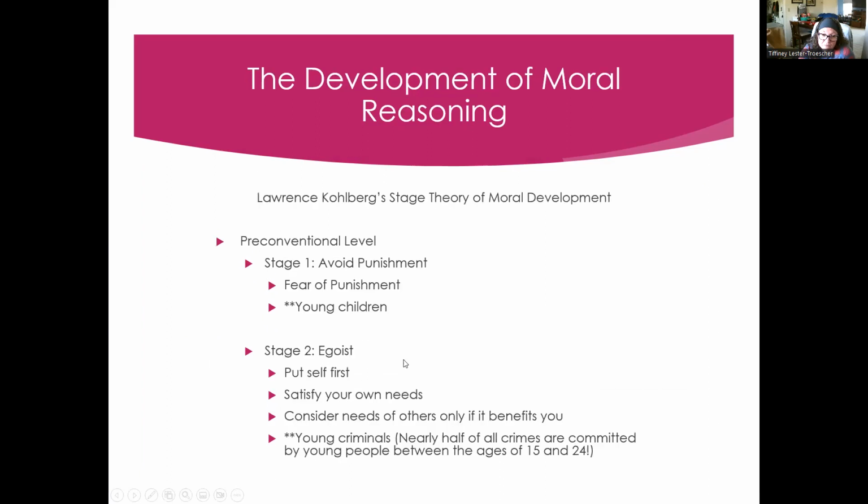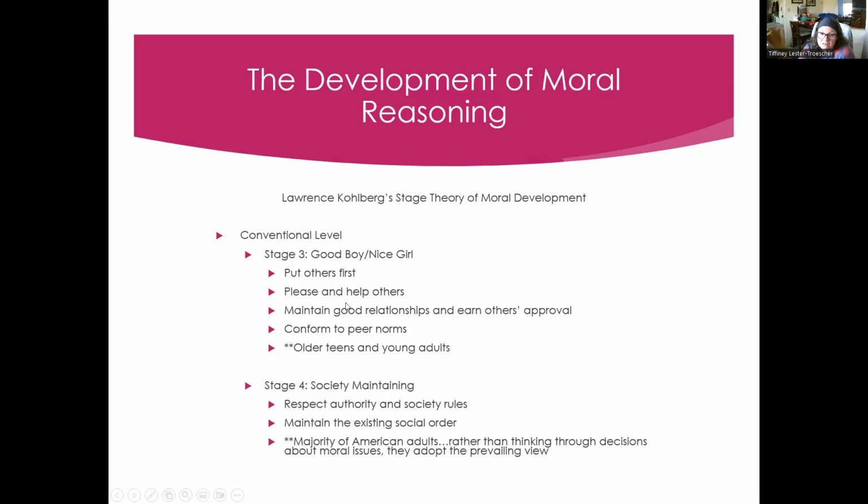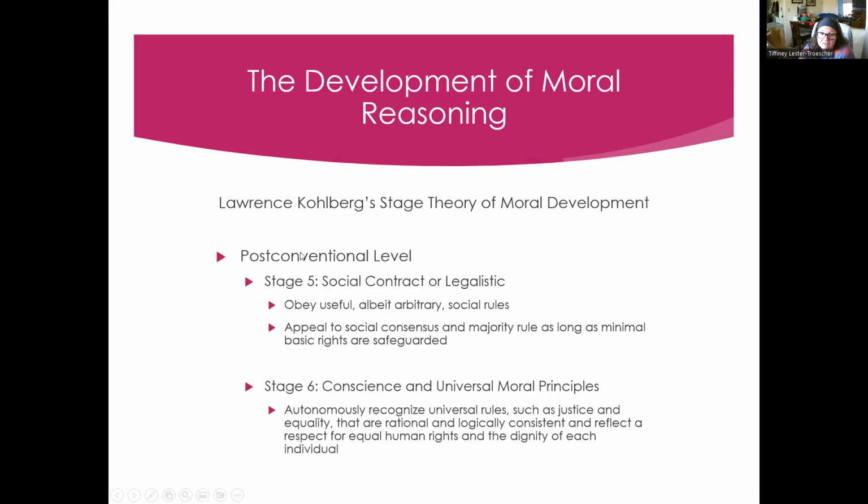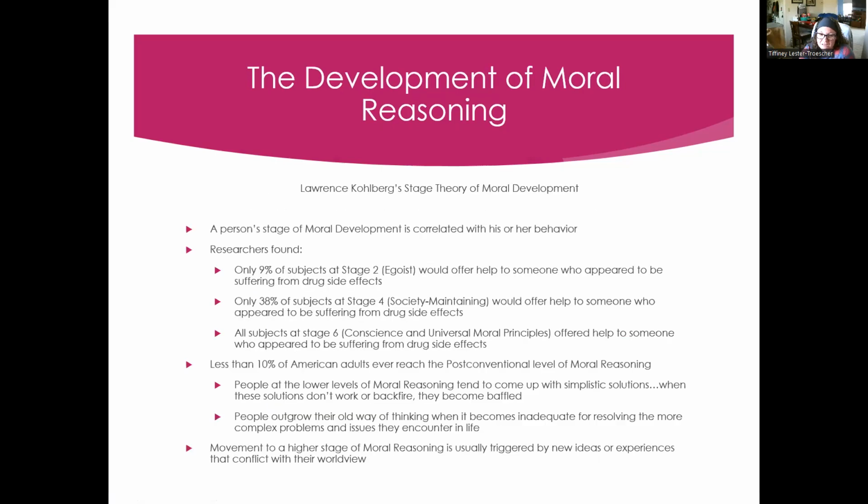I feel like maybe some of us are still here, right? Even as adults, even older than 24, right? But most of us are here. Only 10% of us ever get to here. Why does our moral reasoning not develop past the conventional level? Interesting.